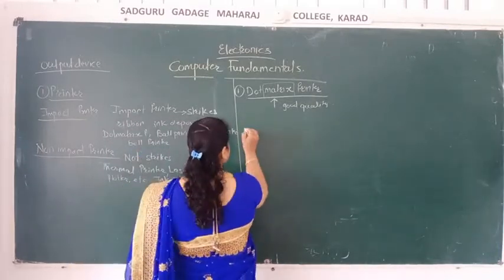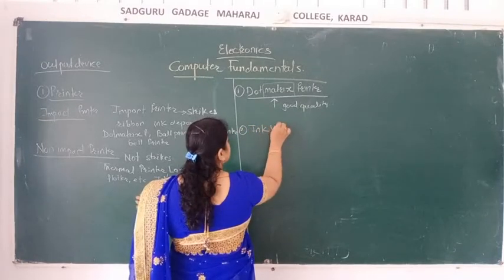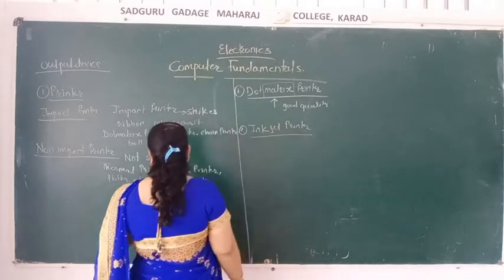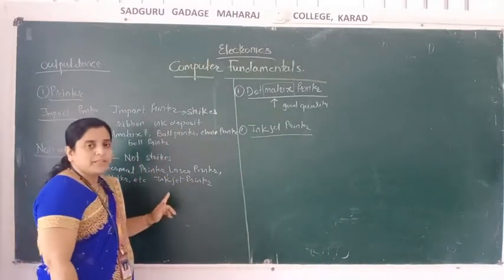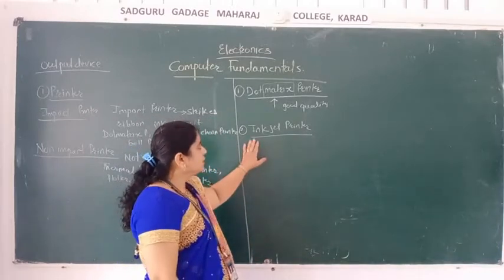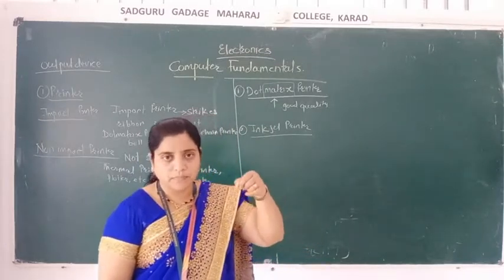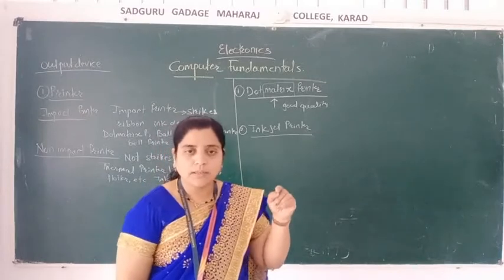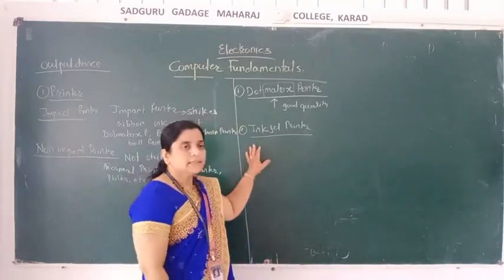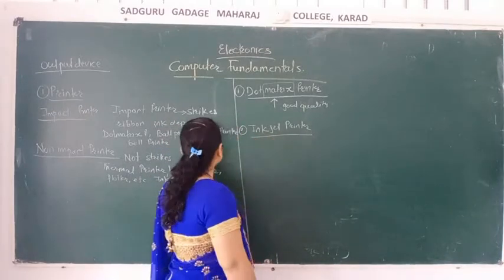So the next printer is the inkjet printer. This printer is a type of non-impact printer, which means there is no strike on the paper. Here a small drop of ink is dropped on the paper using nozzles. Then it takes the print, so it is a very quick print.